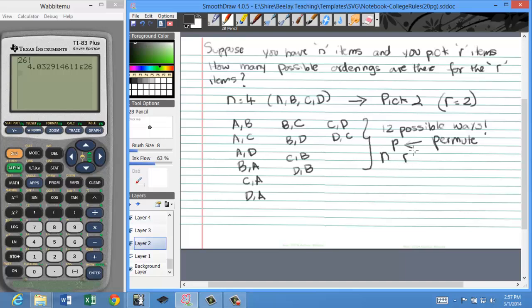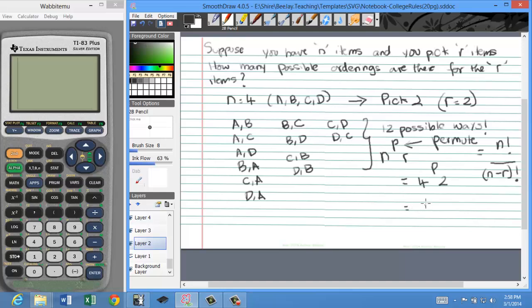So if you choose r items from n different items, how many permutations are possible? Well, it's quite straightforward. If we use the formula in that case, n is 4, r is 2. nPr is a simple formula given by n factorial over n minus r factorial.